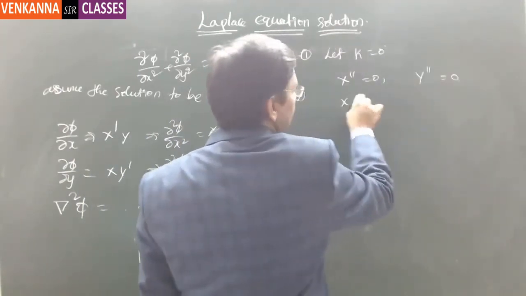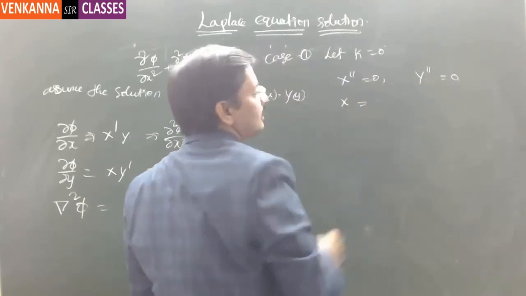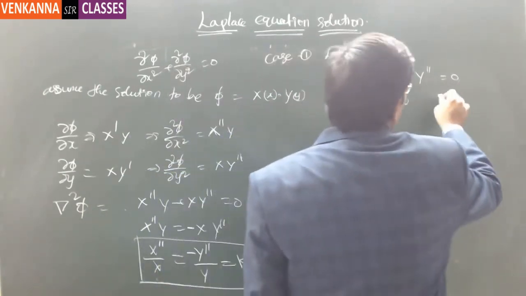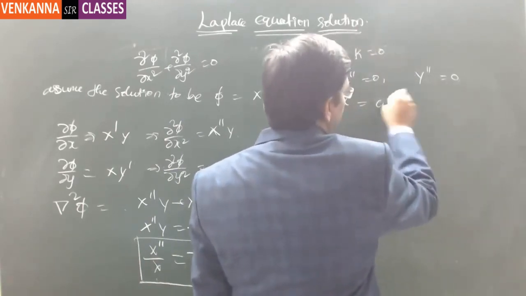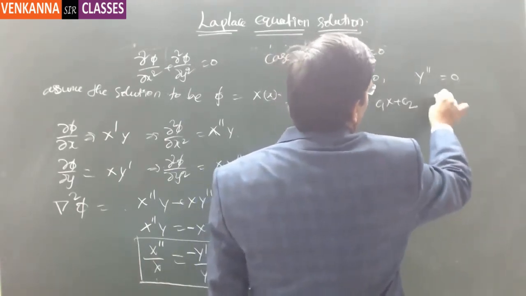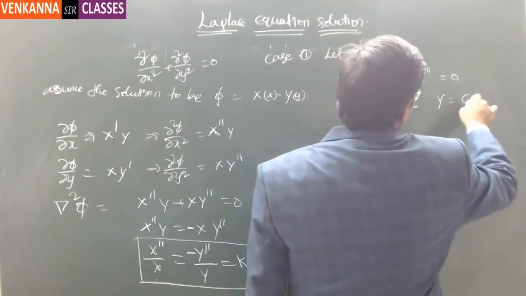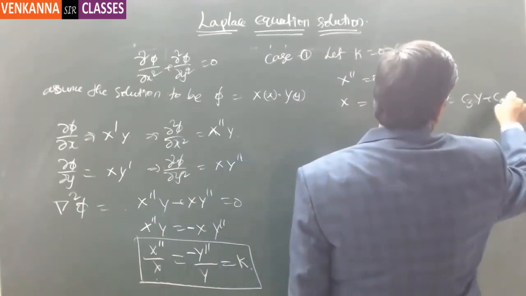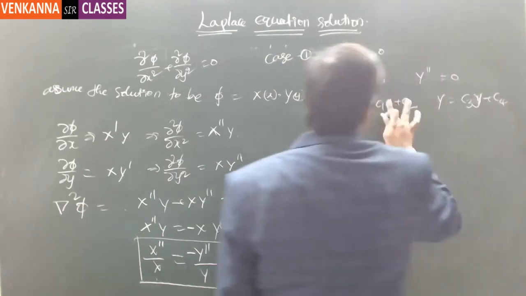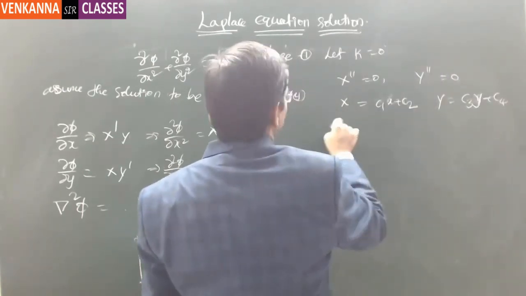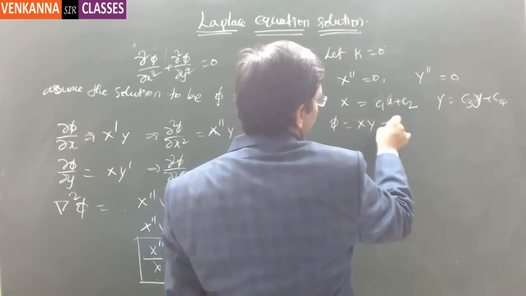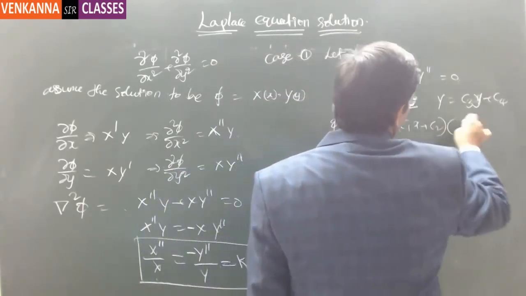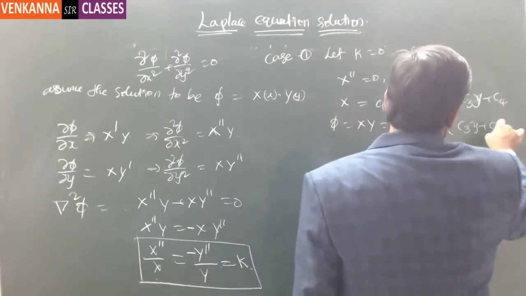It implies, if you integrate 2 times, this is going to be ax plus b format, or x is equal to c1x plus c2, and y is equal to c3y plus c4. So the final solution phi is xy, which is given as c1x plus c2 multiplied by c3y plus c4.